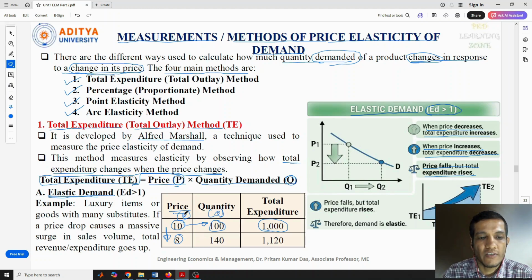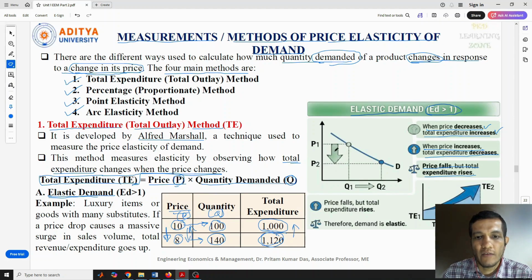But when the price decreases from 10 rupees to 8 rupees, the quantity ordered is, suppose, 140. So the total expenditure, multiplying these two, is 1120. See, the price decreased and the total expenditure increased. And when the price increases, the total expenditure decreases, the vice versa case.